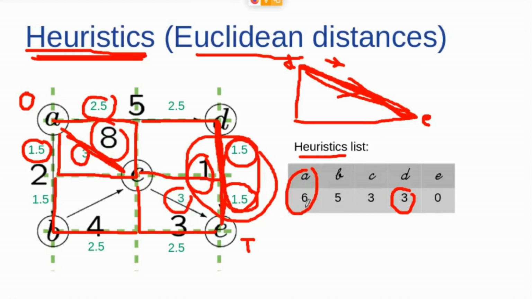And this 6, as you can see, is strictly an under consideration of the real cost, because here we have an 8 and here we have a 3, so it's 11. So this 6 is an under consideration, right? So in order to keep things clear, the heuristics is a consideration, a rule of thumb on how much it costs when going from the actual node, for every node in the diagram, to the target, right?